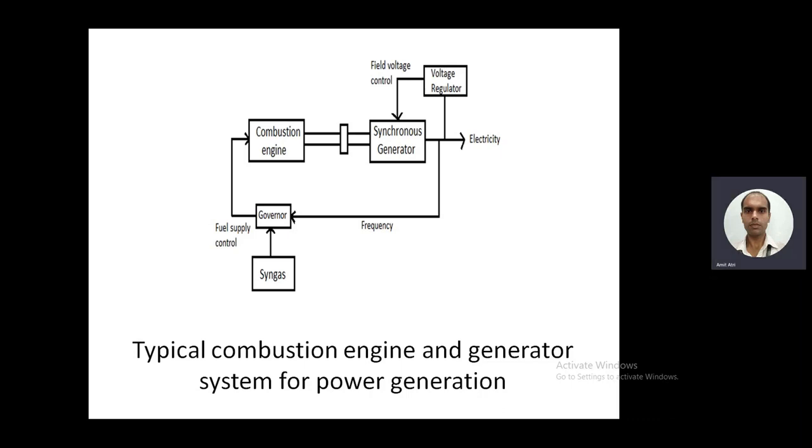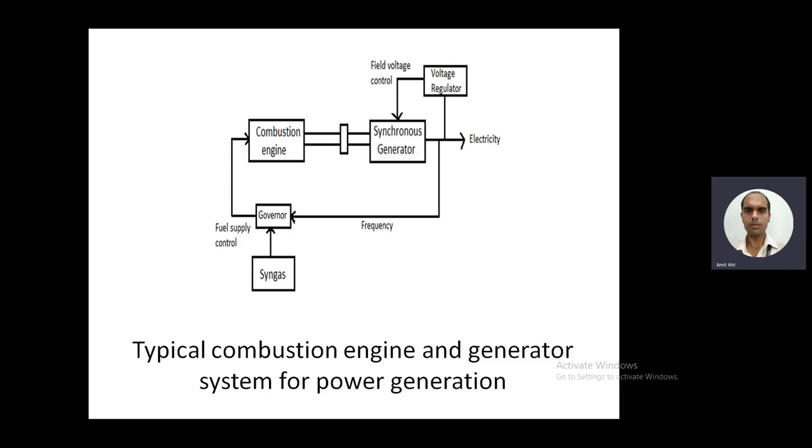So why do we need it? Because of a mismatch between the power demand by the load and the power generated by the generator, our complete generation system. If there is a mismatch, then there is directly a change in the system frequency.